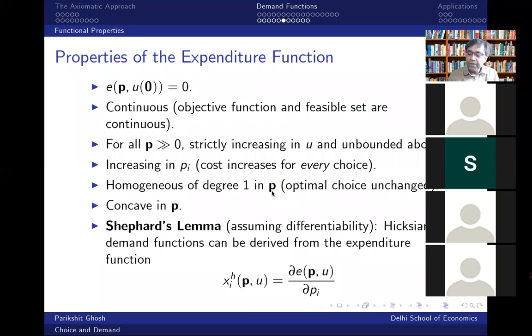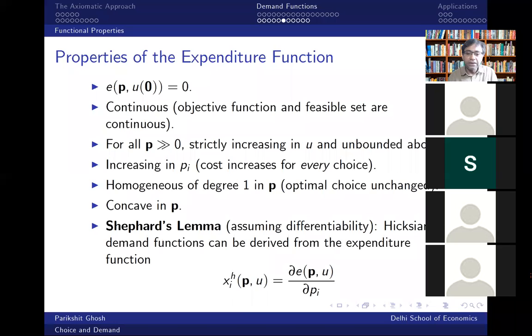Basically, if all the prices double and you continue to buy the same basket as before to reach the target level of utility, then expenditure will double. Problem is that maybe after all prices double, you may want to buy a different basket of goods, right? And then we are not sure whether expenditure will double or not.